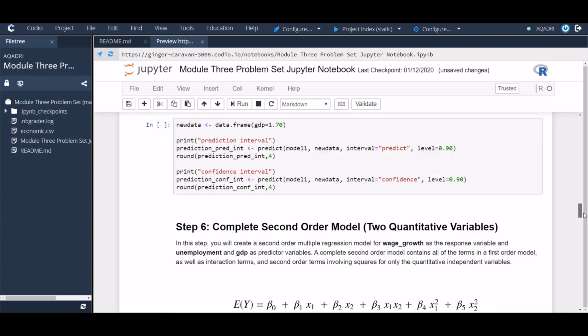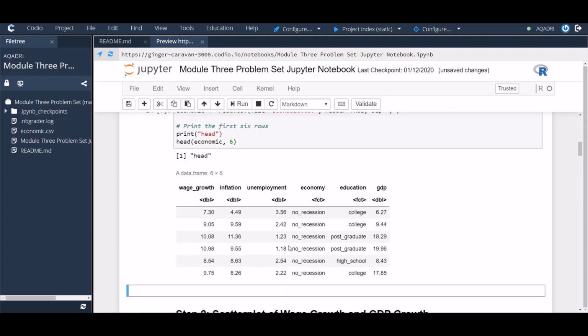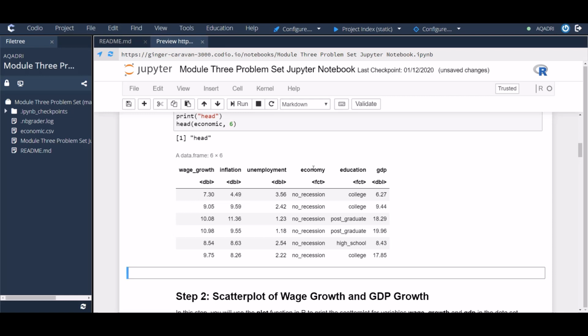If we scroll up, we will see in step 1 the economy variable. It's a factor, and it takes values either recession or not recession. So it's clearly not numeric.